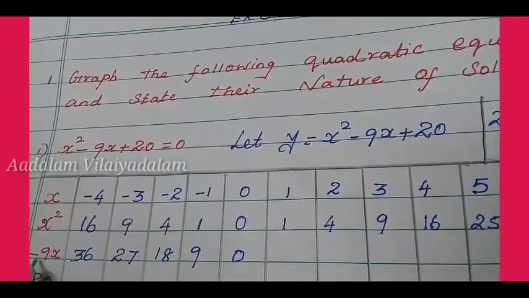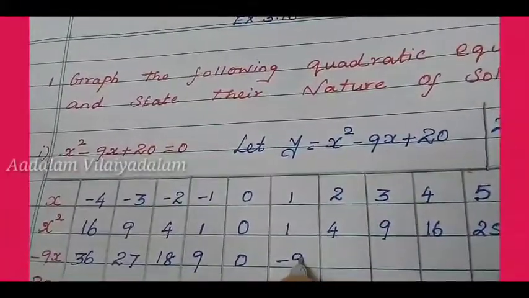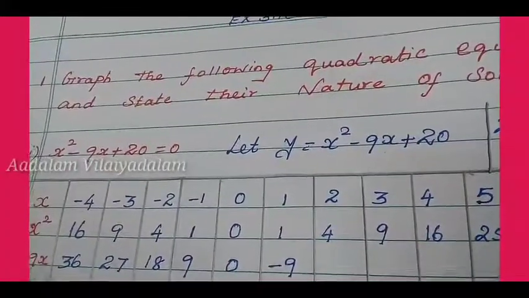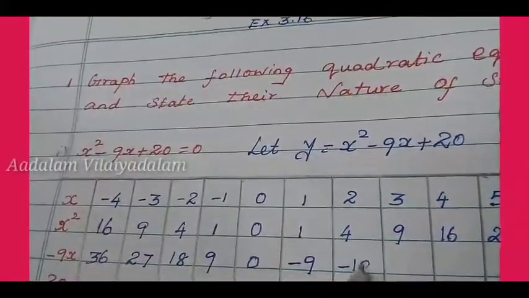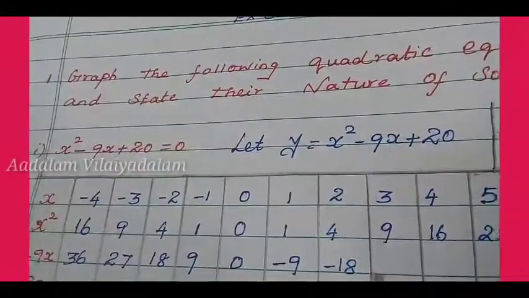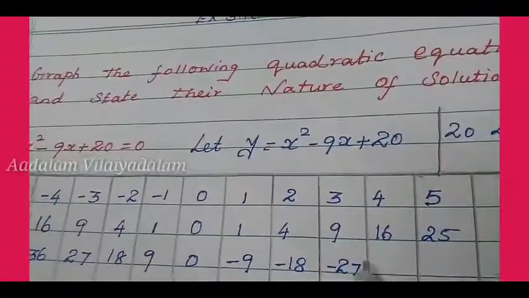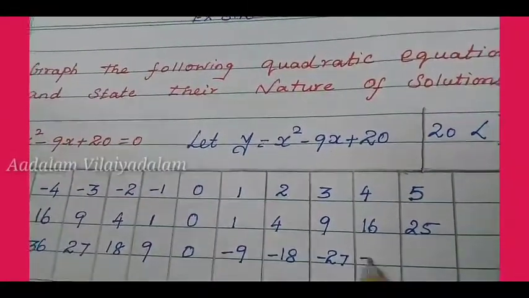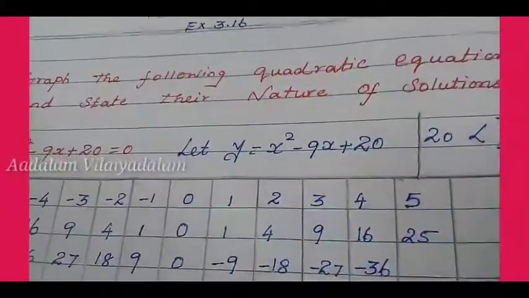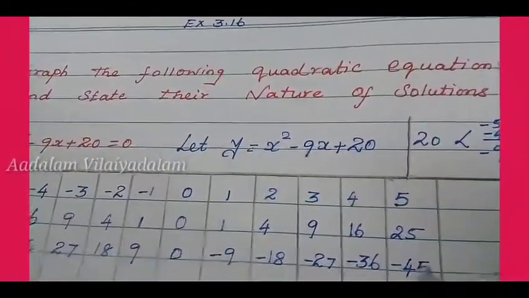Now minus 9 into plus 1: plus into minus is minus, minus 9 is the answer. Minus 9 into 2, minus 18. Again minus 9 into 3, minus 27. Minus 9 into 4, minus 36. Minus 9 into 5, minus 45.